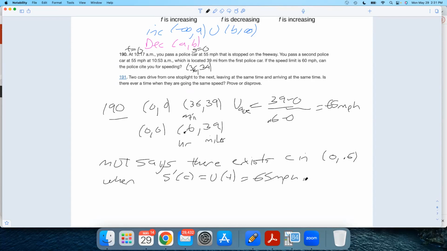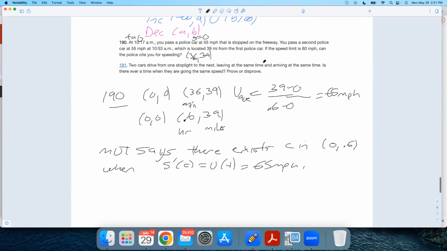So can the cops give me a speeding ticket? Absolutely they can. This would hold up in court. In fact, they do this. This is a real world application of the mean value theorem.